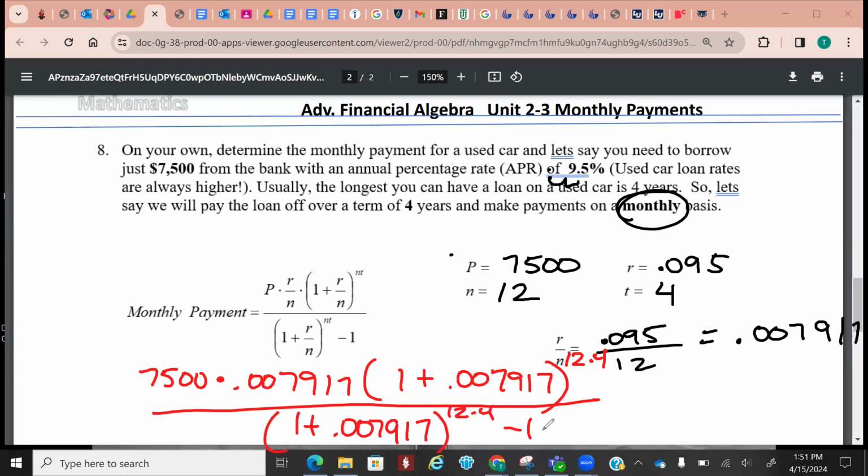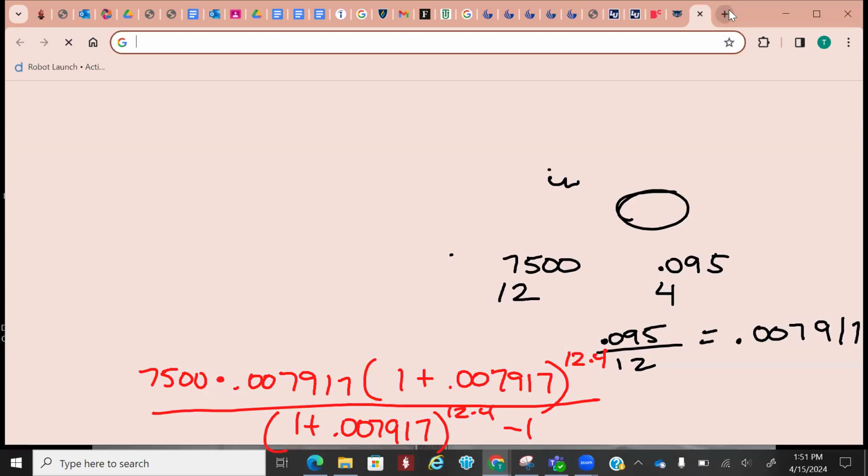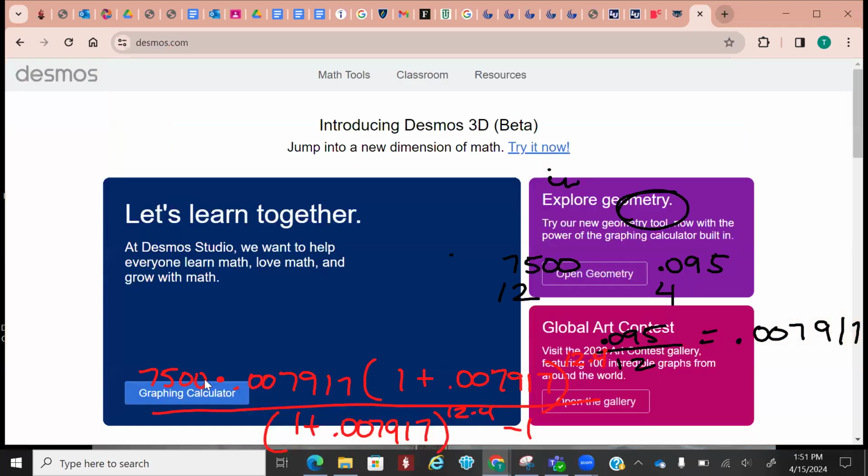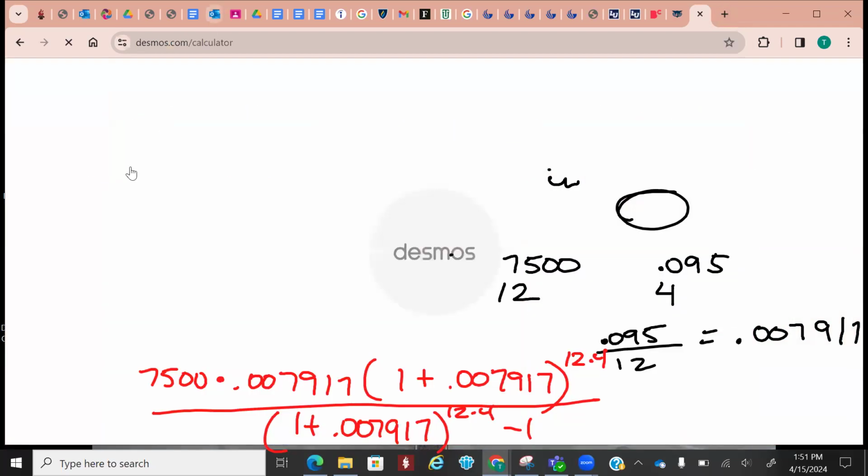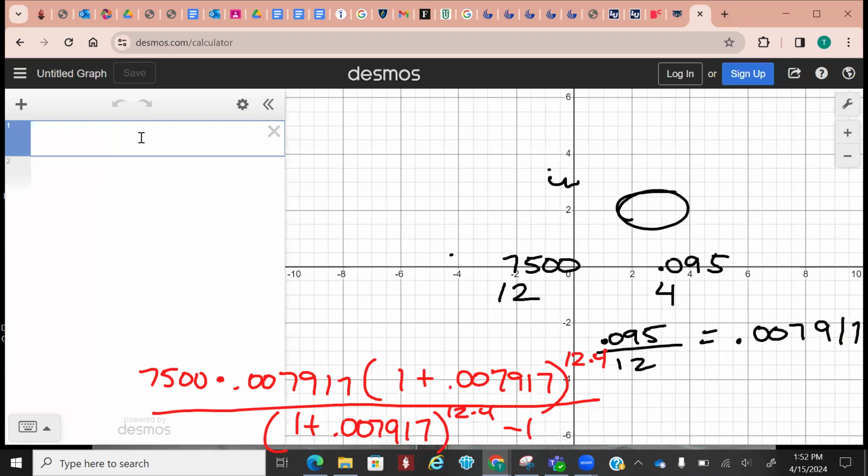Now, the easiest way to type this in is probably going to be Desmos. And yes, you can use Desmos on your test this week. So it's 7500. Make sure that you use parentheses and all that jazz. And we're typing the whole thing in.